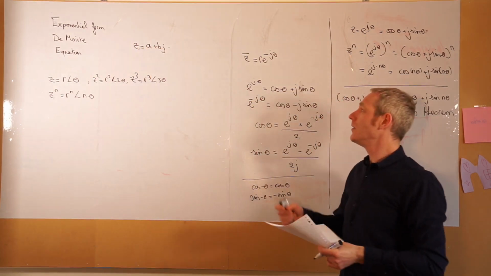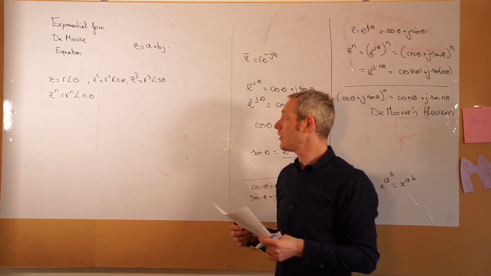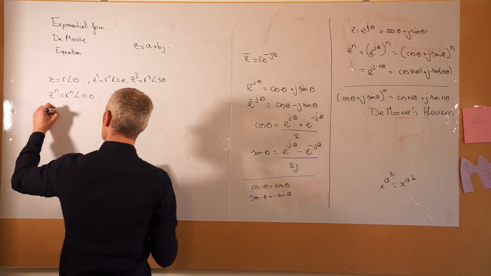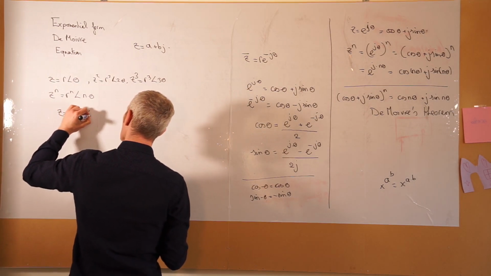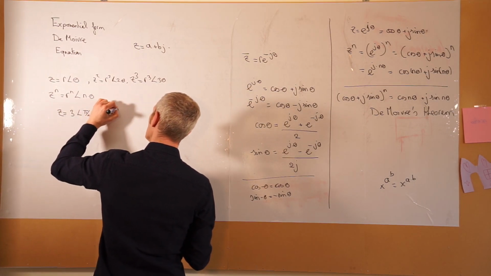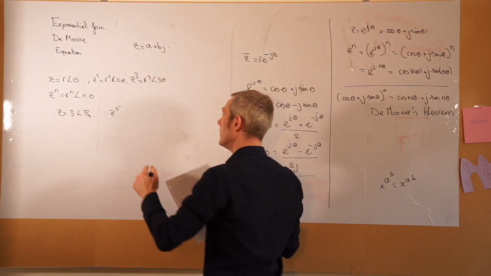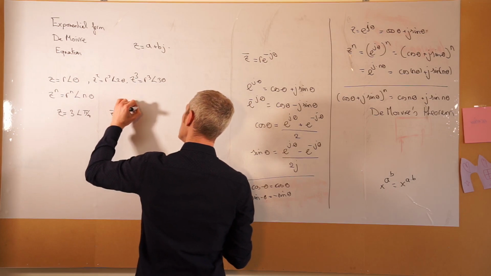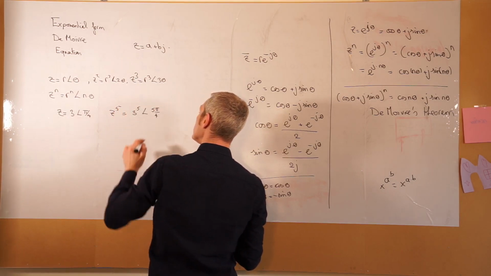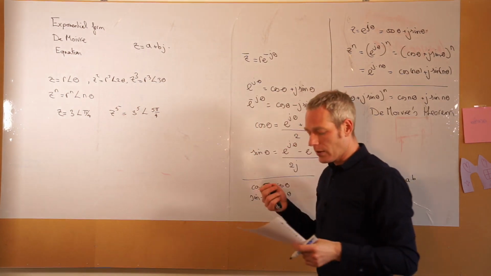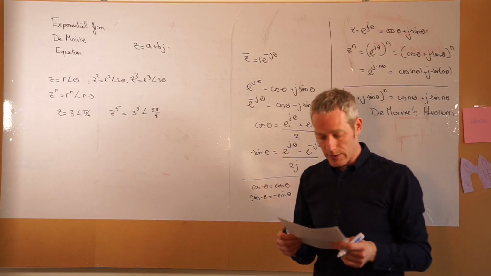Multiplying this number like in Cartesian form to the power of 5 will be a real hassle, but if we take z is equal to 3 with angle pi over 4, and we want to compute z to the power of 5, this is easy. This is 3 to the power of 5 with angle 5 pi over 4. So calculating higher powers of complex numbers is made easy with de Moivre's theorem.